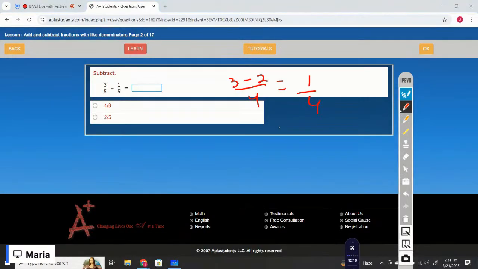You simply have to subtract the numerator. So 3 minus 1 is, very good. That is 2 by 5. Option number 2 is the correct option. That equals 2 by 5.